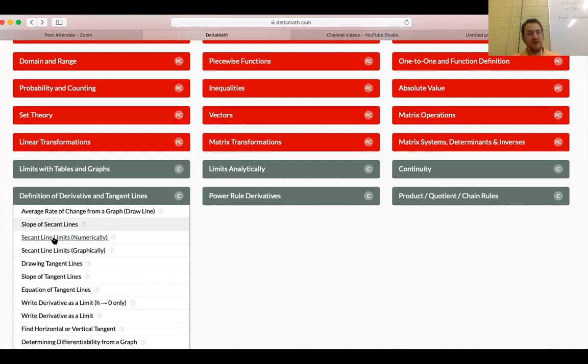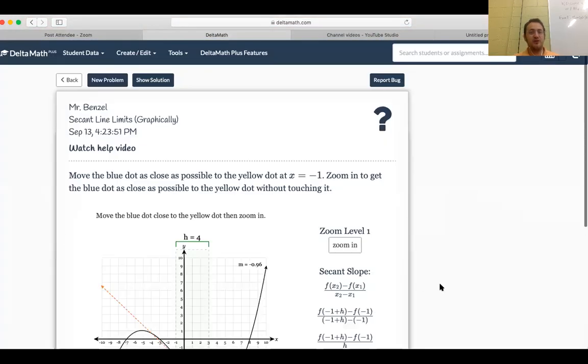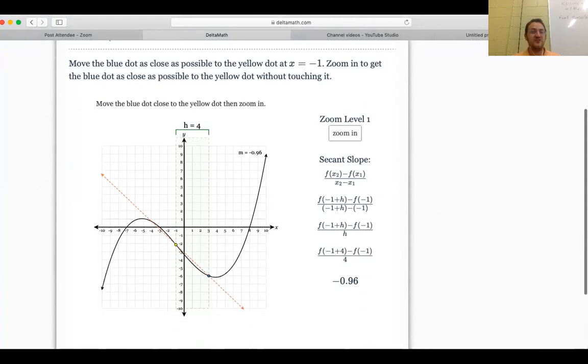Okay, and then we also have an exercise that I'm going to give you where you're actually going to be exploring what's going on with secant lines graphically in the zoom in feature. So your goal here is that you want the blue dot to be as close to the yellow dot as possible. And it actually shows you, like right here, what the slope is.